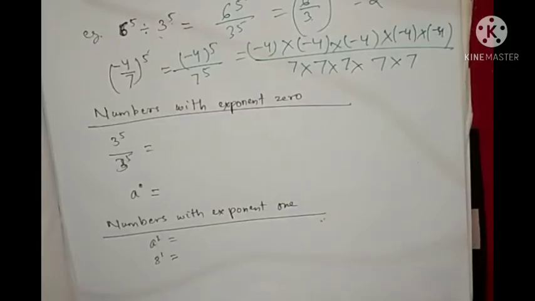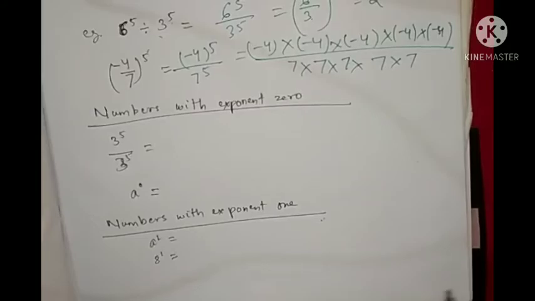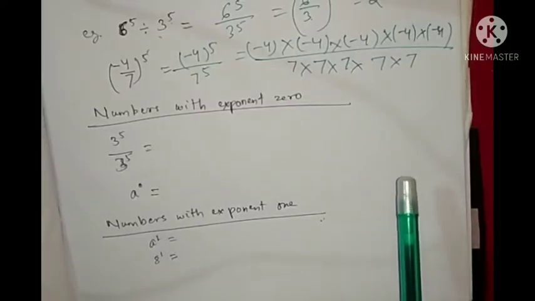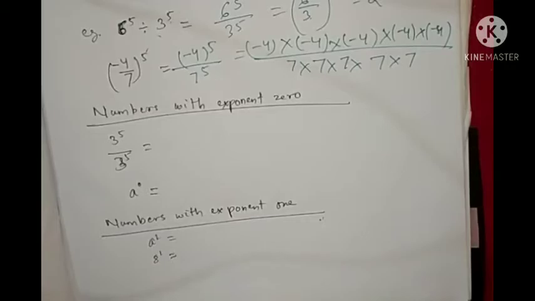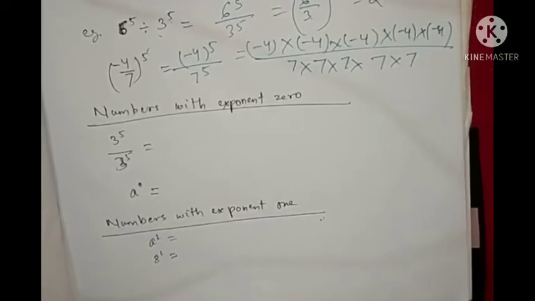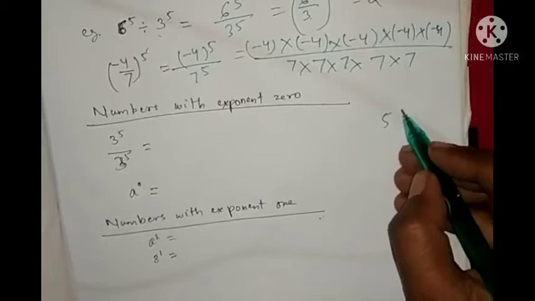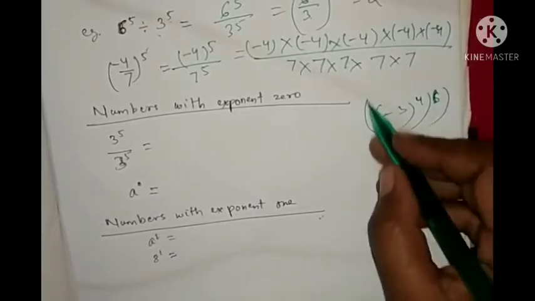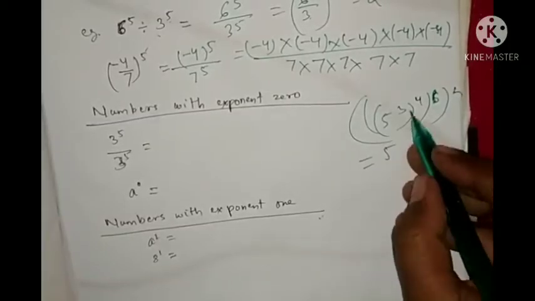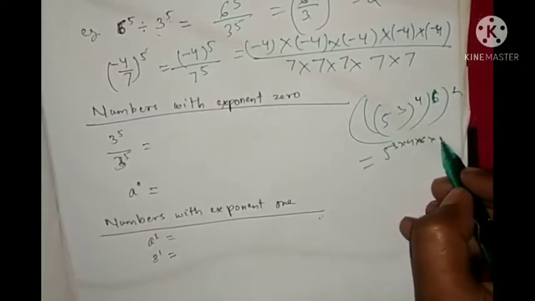If in multiplication you have the same exponent, then multiply the base. And if in a division the exponent is the same, then divide the base. And power to the power is what? You will multiply the exponents. Like 5 to the power 3 whole to the power 4 whole to the power 6 whole to the power m. What you will do? 5 to the power 3 into 4 into 6 into m.